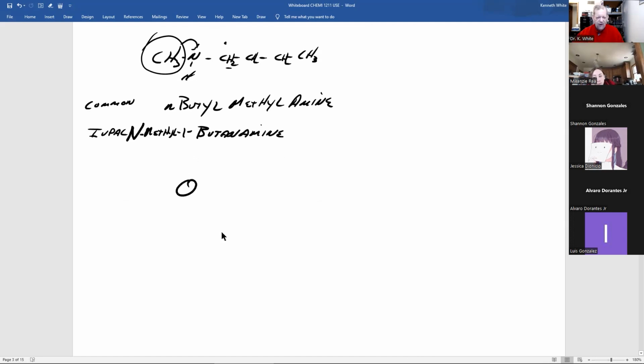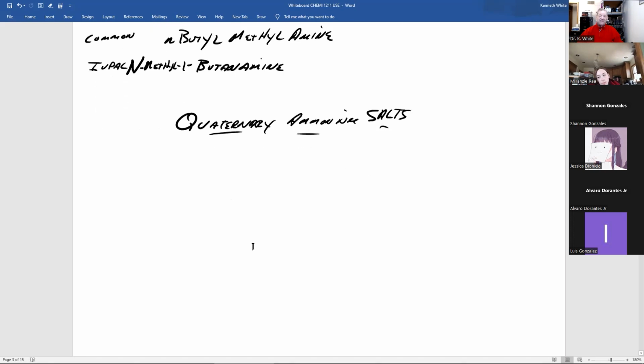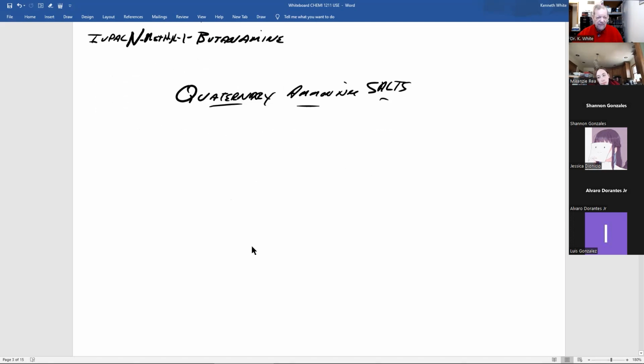Now, let's look at quaternary ammonium salts. And one of these days, I'll make up a slide. I get lazy. I'm a lazy organic chemist.